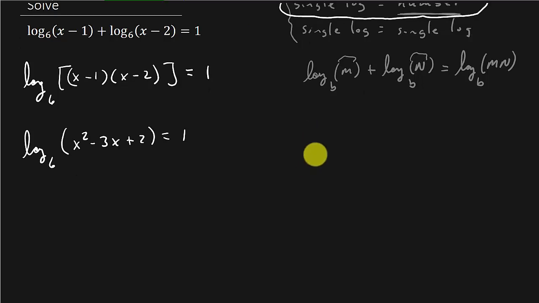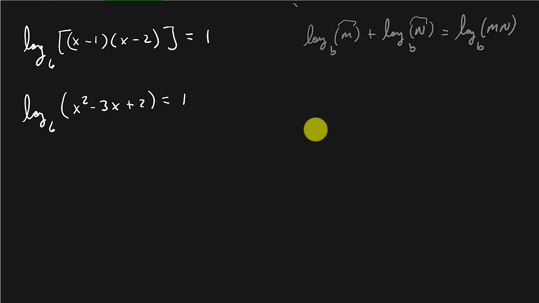So what we're going to do now is change this to exponential form. Remember, you had a property that says the log of x with base b is equal to, let's just say, y. Then that means b to the y equals x. It's the base of the log raised to that power equals x.